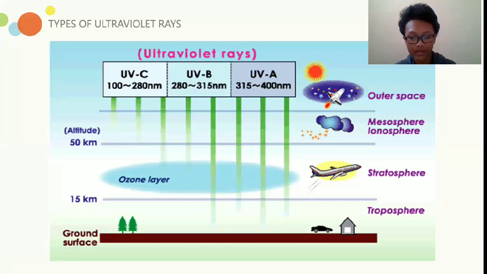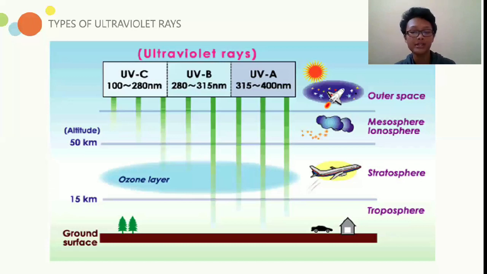The beneficial effect of UVB is that it helps in the treatment of psoriasis. But the harmful effect is that it may cause sunburn on the skin. UVB comes from the sun to the ozone layer.